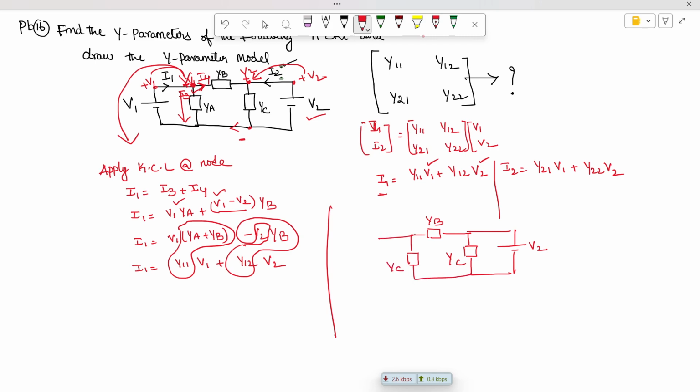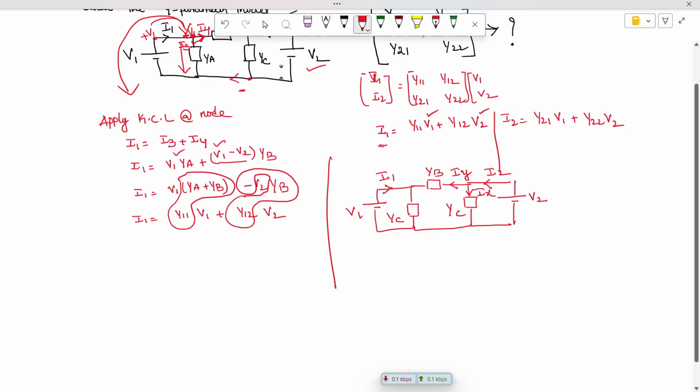Here we are applying some voltage V1 and the current is I1. Now I'm taking this current as the reference. This is the I2 current. This will act as current Ix and this will act as current Iy.